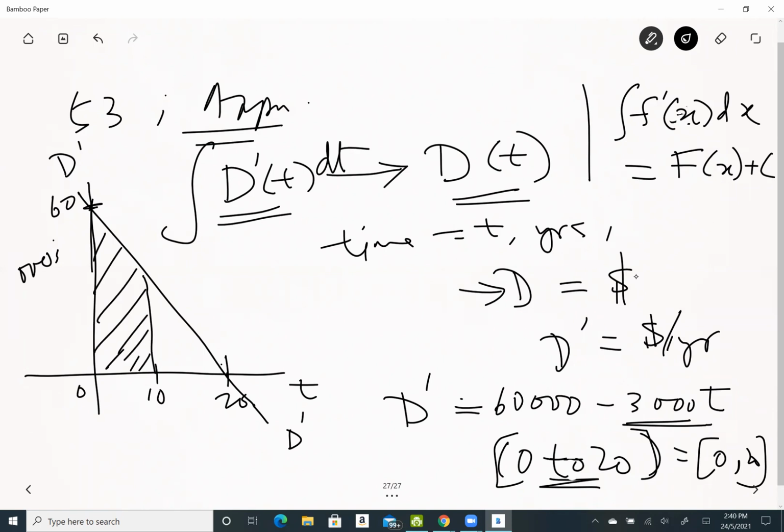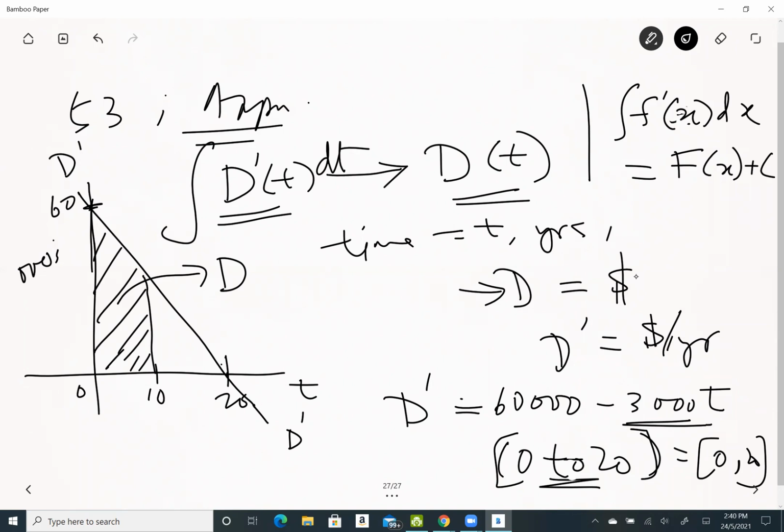So for part A, you sketch the graph. You want to find the depreciation over 10 years. So that is the area. You can call it D, because integrate D prime, you get D. Basically, that is the area under the curve.